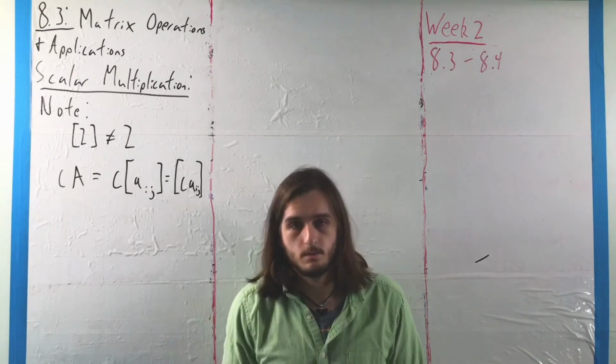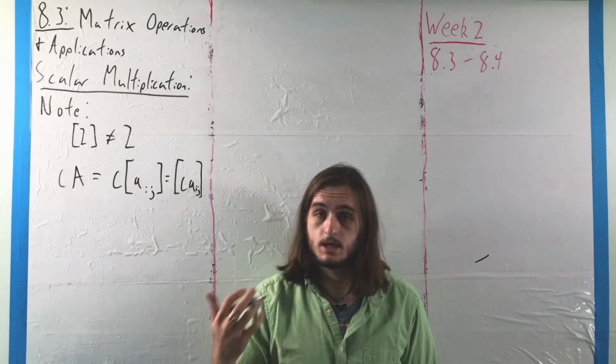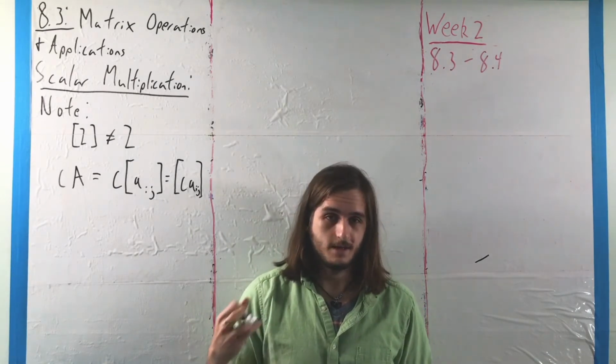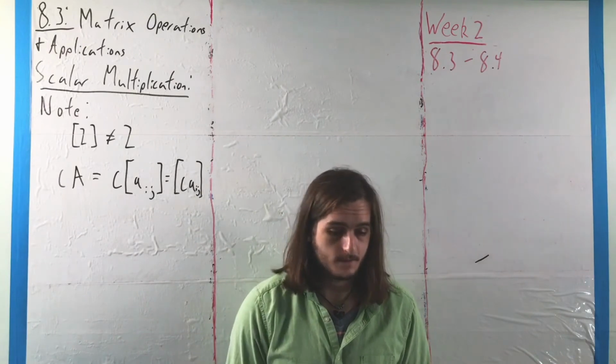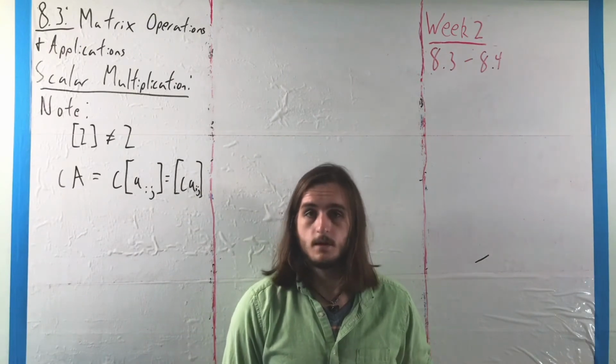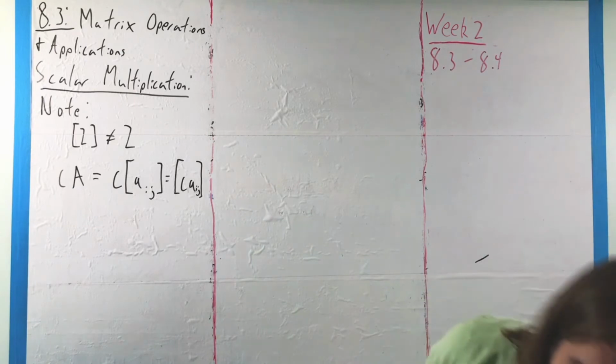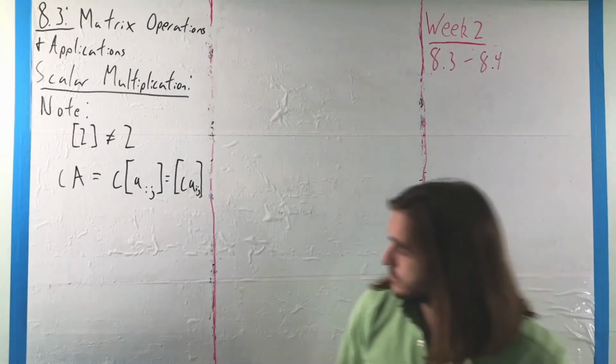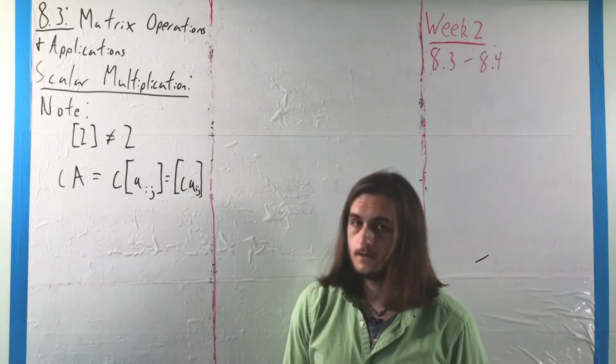So in the same way that when we did addition and subtraction in terms of each separate term, we can perform multiplication by a scalar. That is, we can perform scalar multiplication term by term.